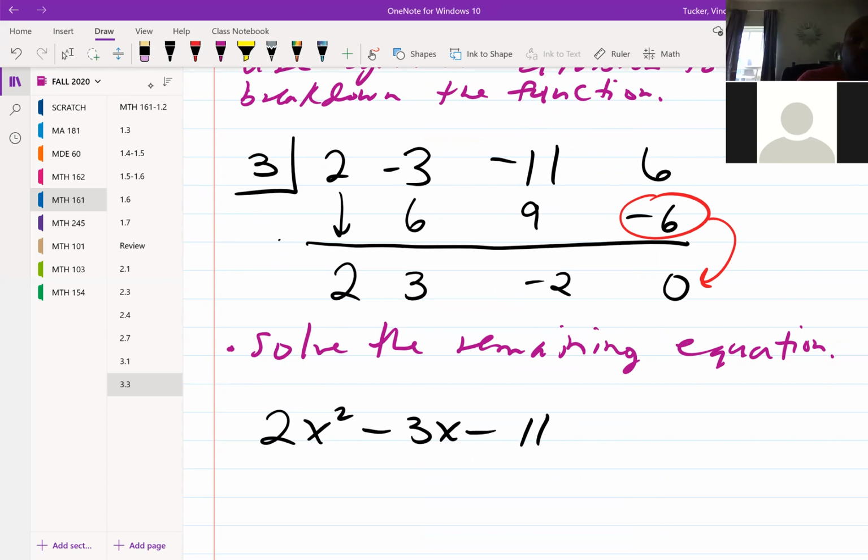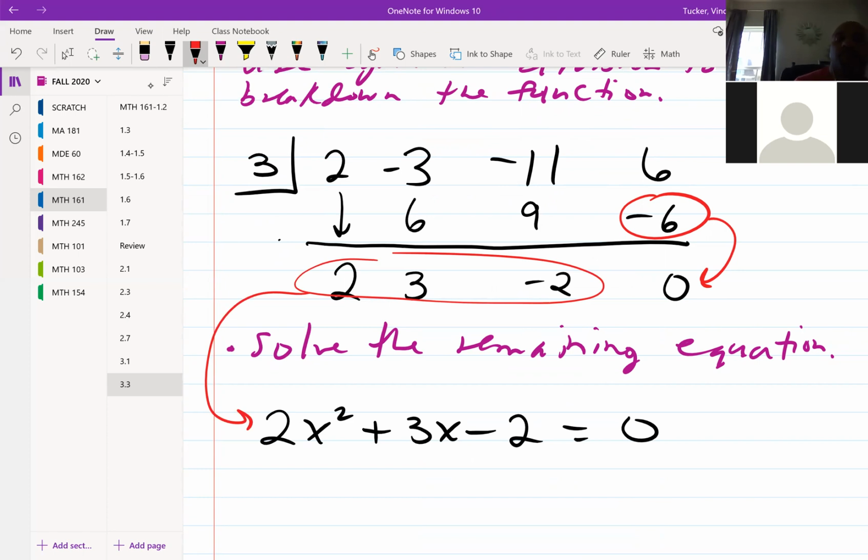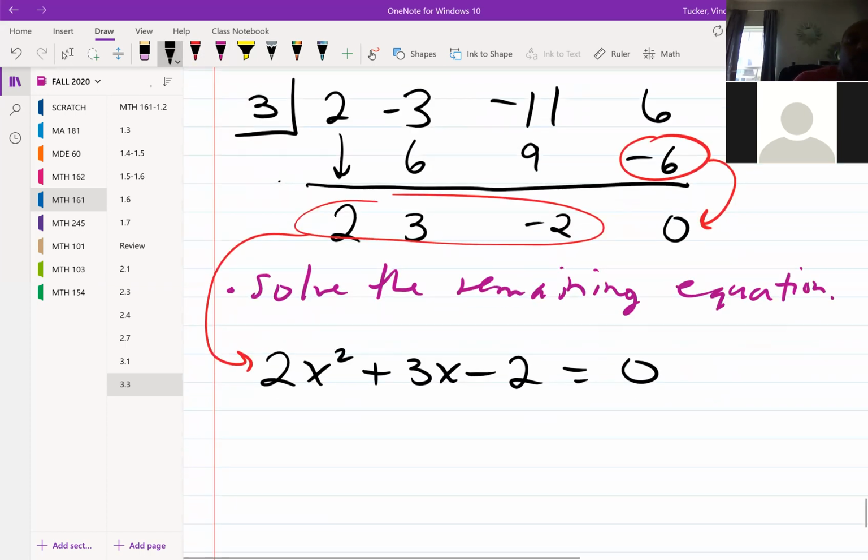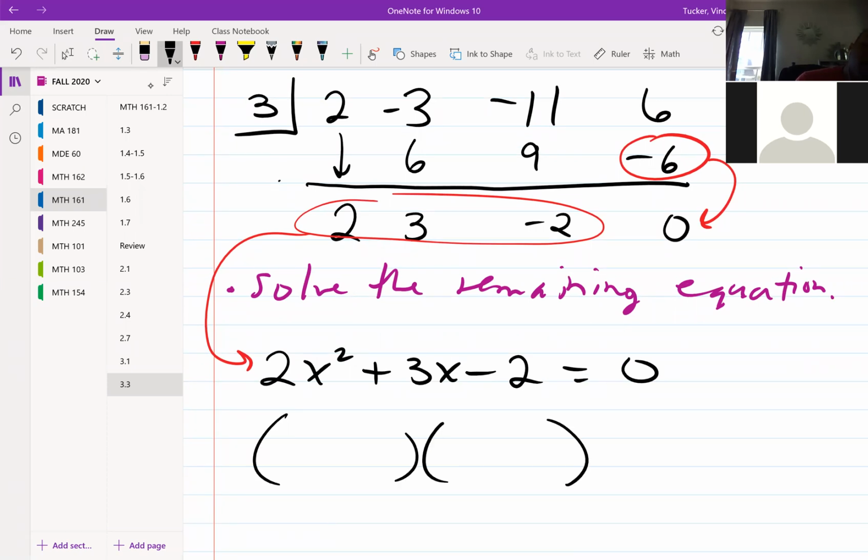Oh, I wrote that down wrong. 2x squared, sorry, plus 3x minus 2 equal to 0. Now we have to use these right here. All right. You can either use your quadratic formula or factor.